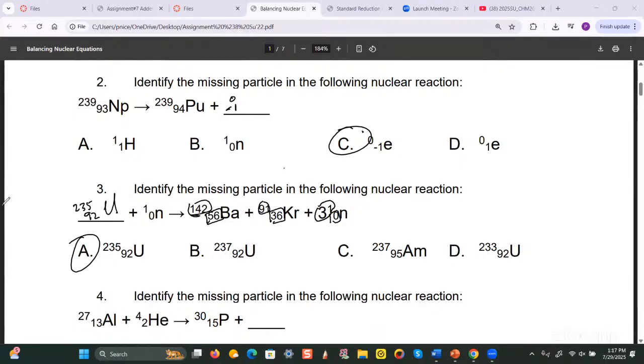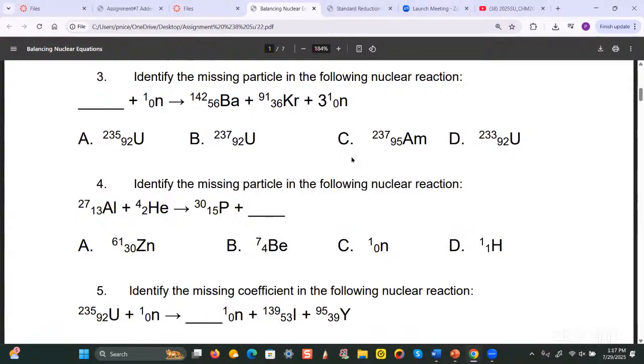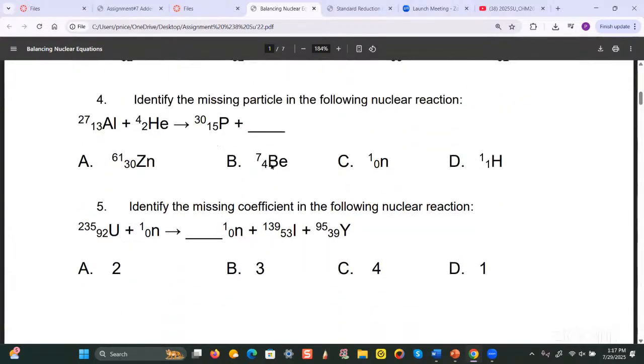Okay, let me clear this. Scroll down. Okay, so number 4. What's the answer? Let me hear what you guys have to say about this one. Should be C? Okay, why do you say that?